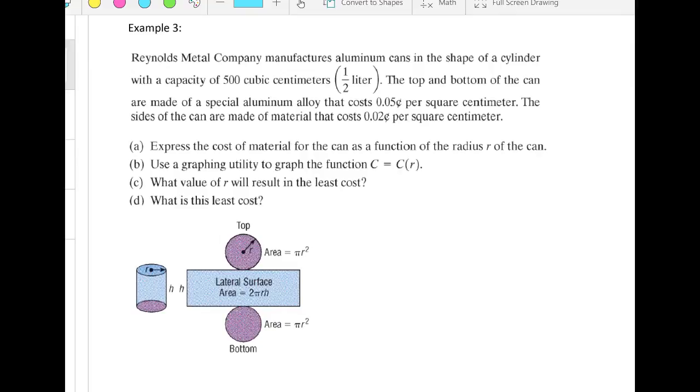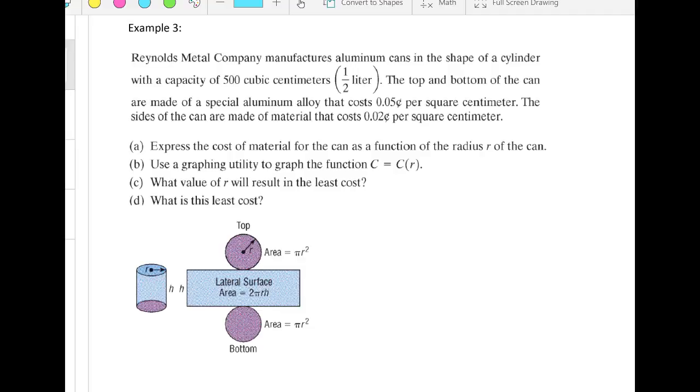Example 3. Reynolds Metal Company manufactures aluminum cans in the shape of a cylinder with a capacity of 500 cubic centimeters, which is also half a liter.